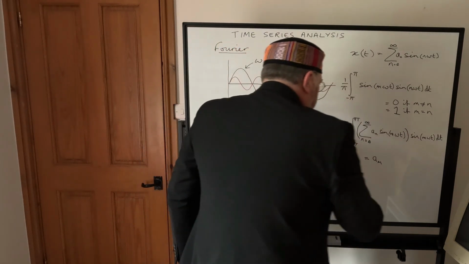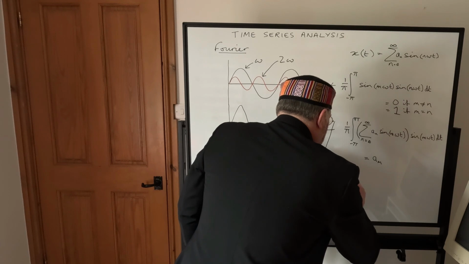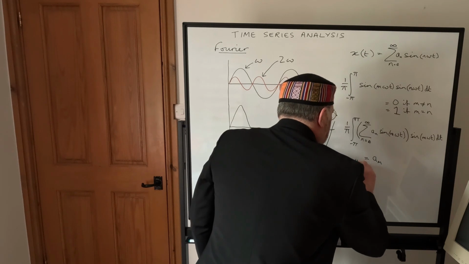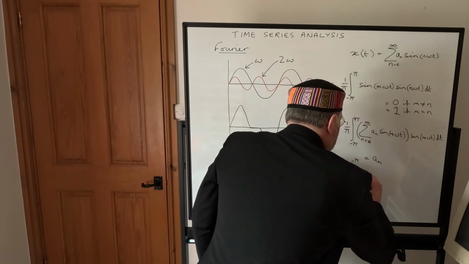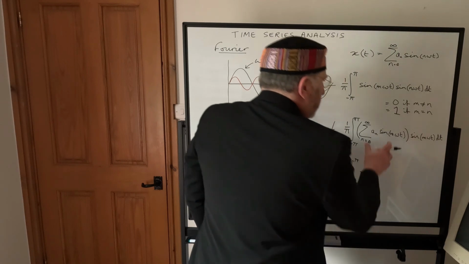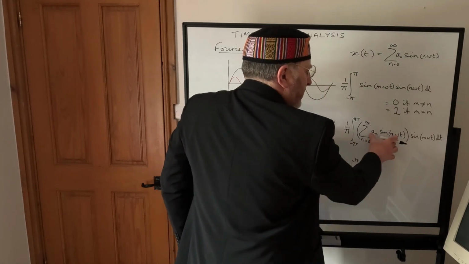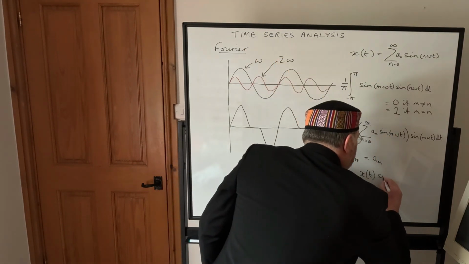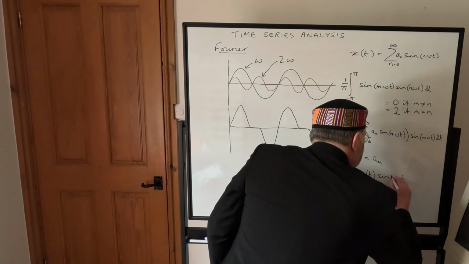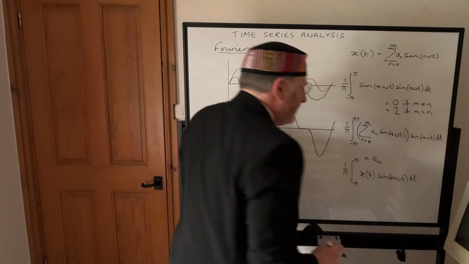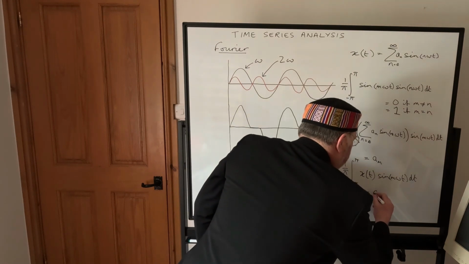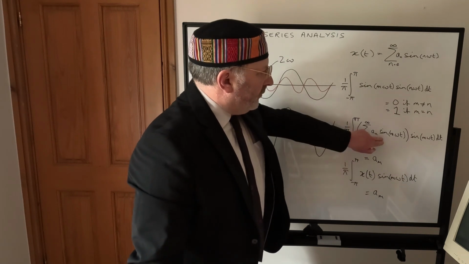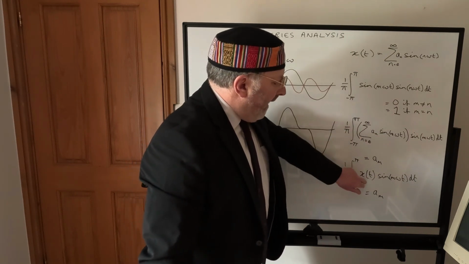And so that means that if we take our signal, which is x of t, and put that in here, because we're assuming that x of t is this sum of sines, and multiply that by sine m omega t, integrate dt, then we'll get exactly the same a_m.